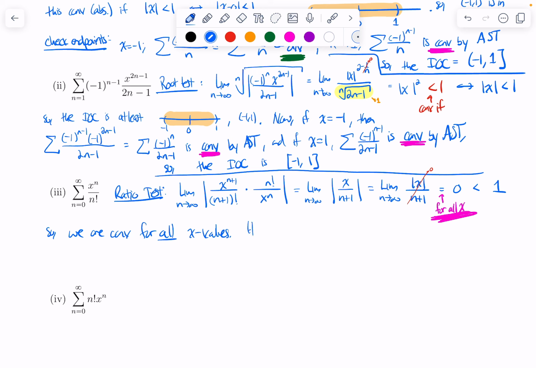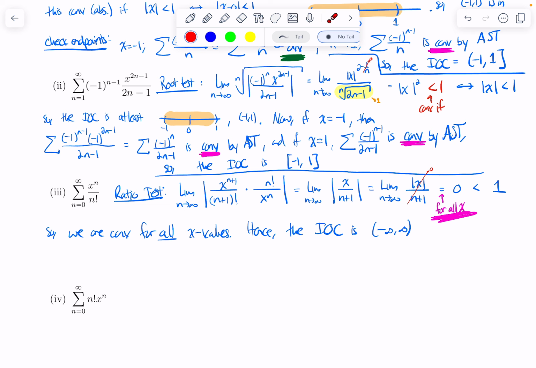Hence, the IOC is everything. It's the whole interval, negative infinity to infinity. It's the easiest thing to compute. So this is what happens when you do the ratio or root test and you get a 0 for everything.